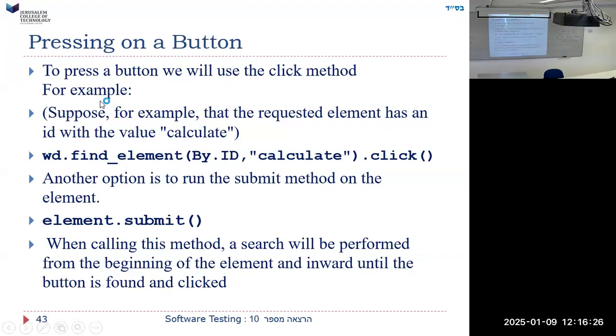Pressing a button. To press a button, we will use the click method. For example, suppose that the requested element has an ID with the value calculate. So we go like this: find WD, which is our, what does WD stand for?